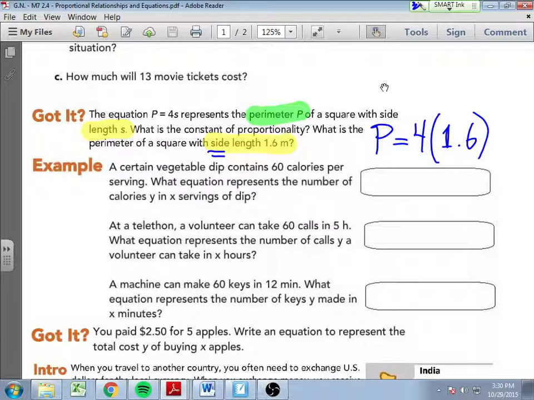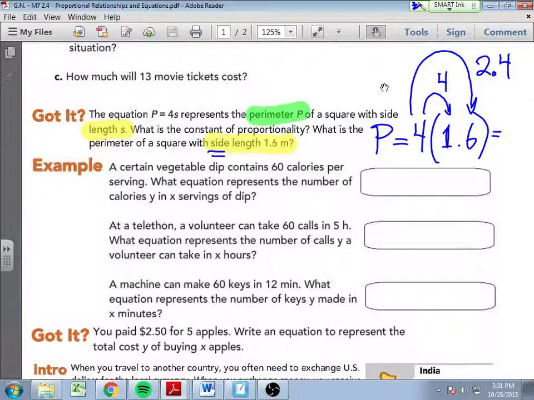Could you do 4 times 6 plus? Yeah, this is what I've done with you a few times. So 4 times 6 would give you 24, but it's not 6, it's 0.6 or 6/10. So it's really just 2.4. And then 4 times 1 is 4. Guys, this is just the distributive property, but a very basic application.